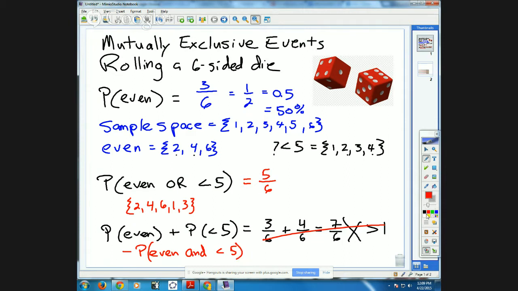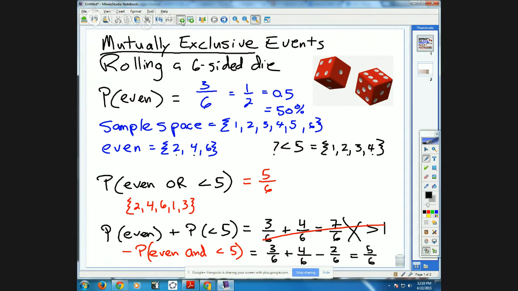So altogether, I could take my 3/6 probability of being even plus the probability of being less than 5, 4/6, but now I have to subtract the numbers that are both even and less than 5, and that would be the 2 and the 4. So that would be 2/6. So 3 plus 4 is 7, minus 2 gives me 5/6, which matches the other way that I did it. The idea of mutually exclusive means that 2 events don't have anything in common, but these events did.